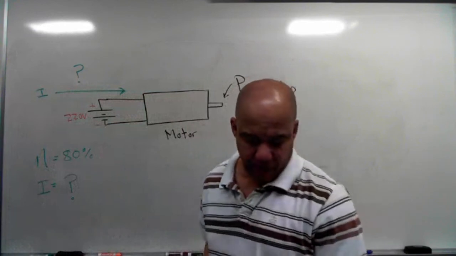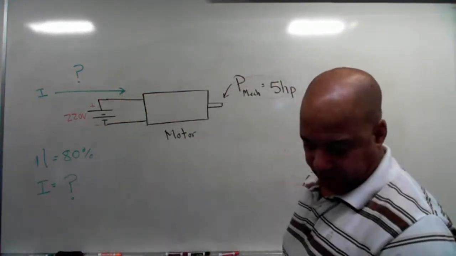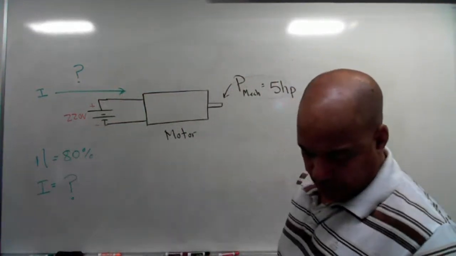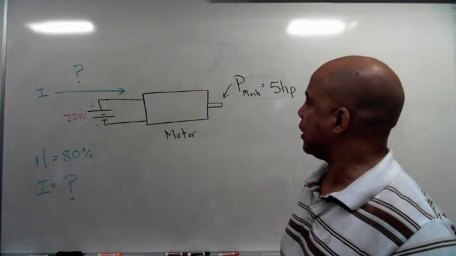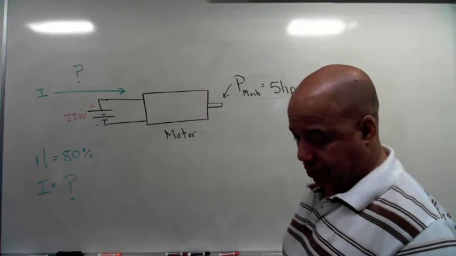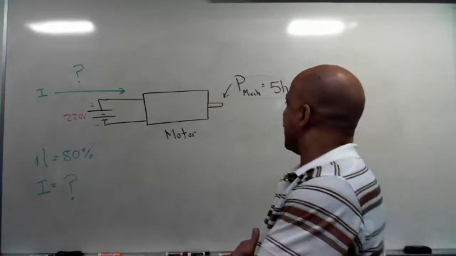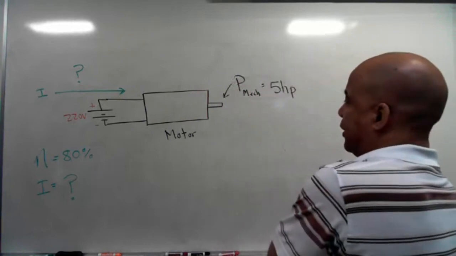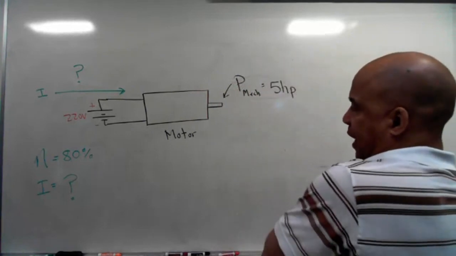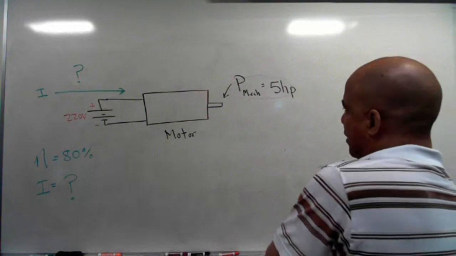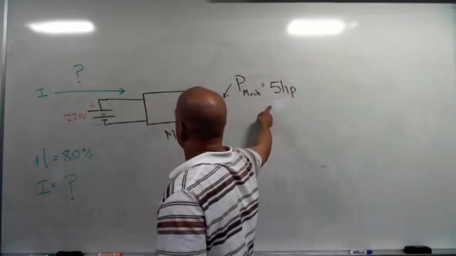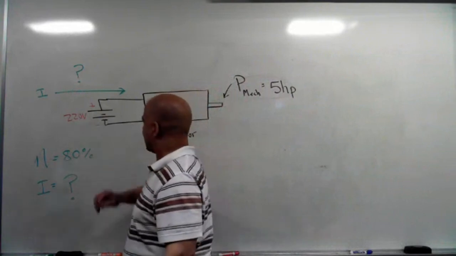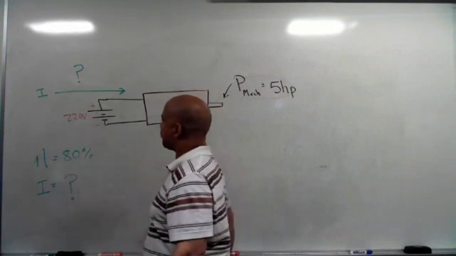This is our final problem of the night. It says you have a 5 horsepower motor that's 80% efficient. I want you to calculate the current draw from a 220 volt power source. So here is my picture. They gave us an efficiency of 80%. All we know is the efficiency, mechanical power, and the voltage, and they want us to figure out the current.